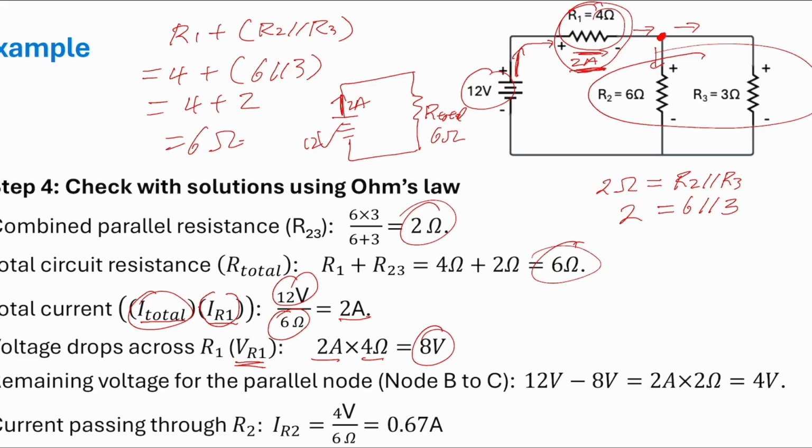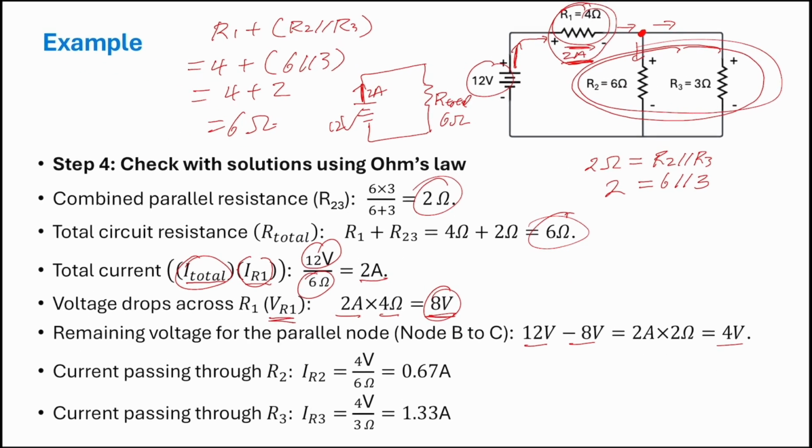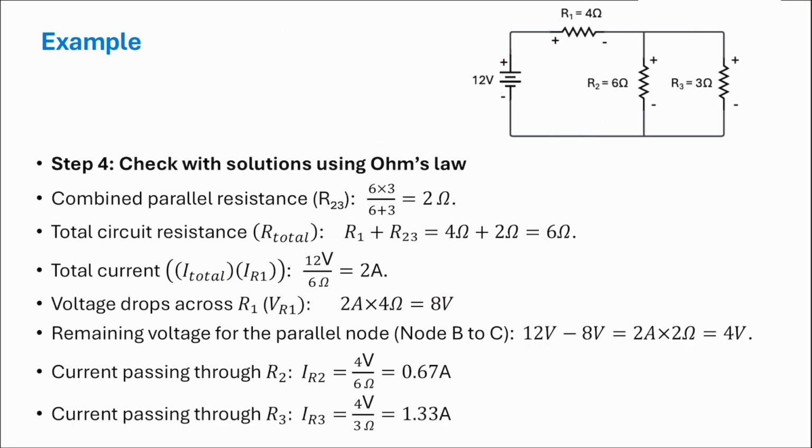So if there are 8 volt drop across R1, the voltage drop across the parallel of R2 and R3 will be 12 minus 8, which is 4 volt. So let's redraw this one a little bit better. So this is 8 volt. These two are connected in parallel, so they share the same voltage, and this is 4 volt.